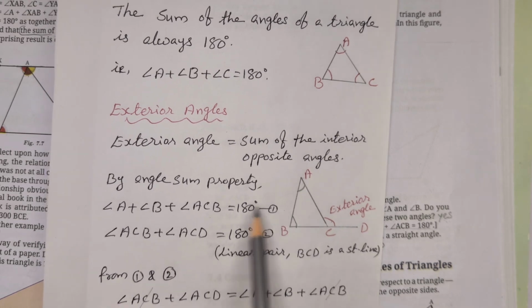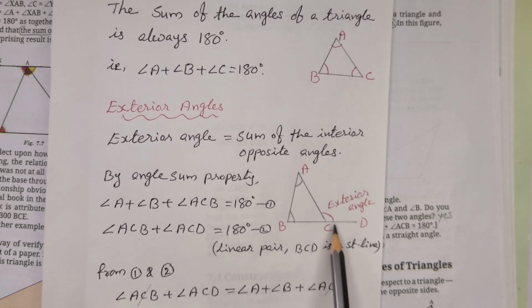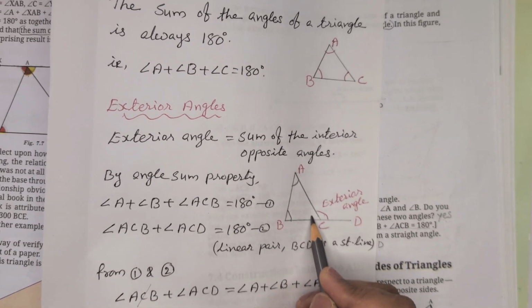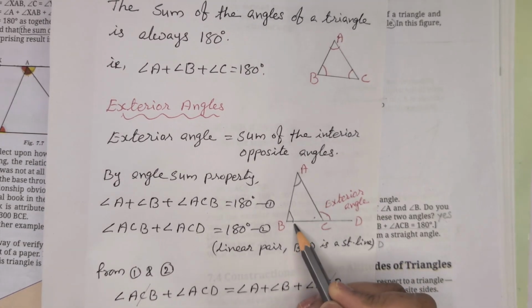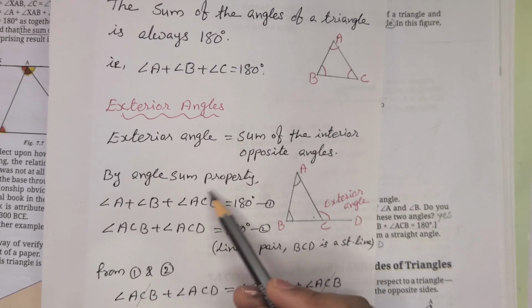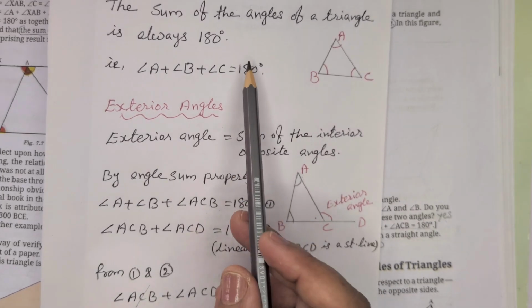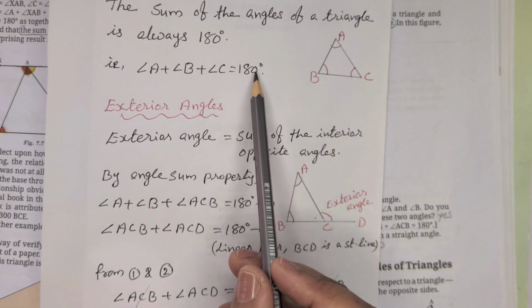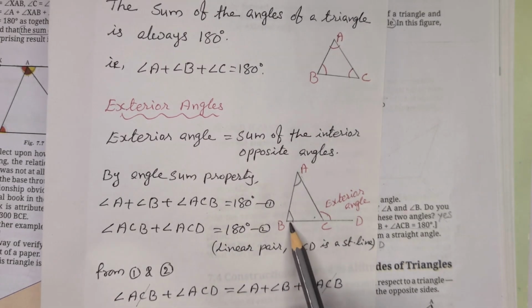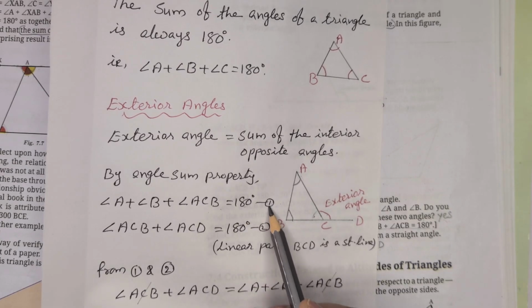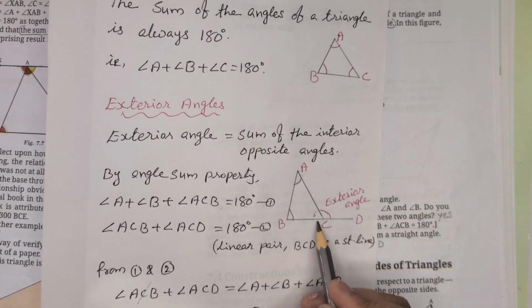Now the proof of that we can write here. By the angle sum property, angle A plus angle B plus this angle, angle ACB, is equal to 180 degrees. Already we noticed that the sum of all three angles is equal to 180 degrees. So angle A plus angle B plus this angle is equal to 180 degrees. That is equation number 1.